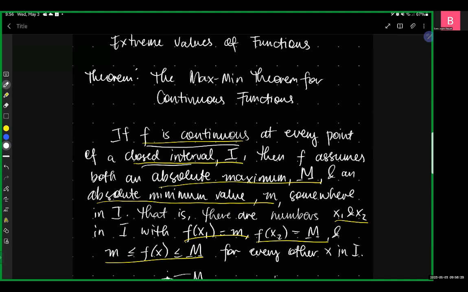The first requirement for the Max Min theorem is that the function must be continuous, and the second is that the interval must be closed. If the interval is open, you have to reconsider whether the Max Min theorem is applicable, and whether you can expect to find a maximum or a minimum for this interval.